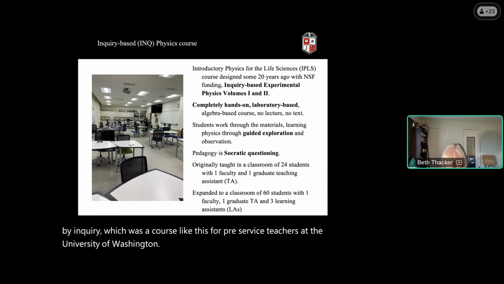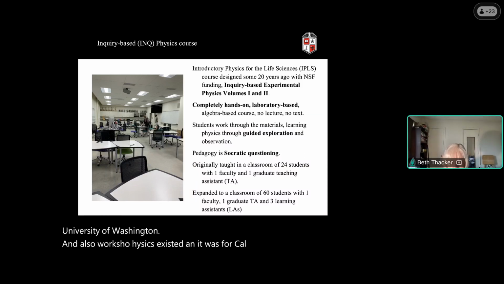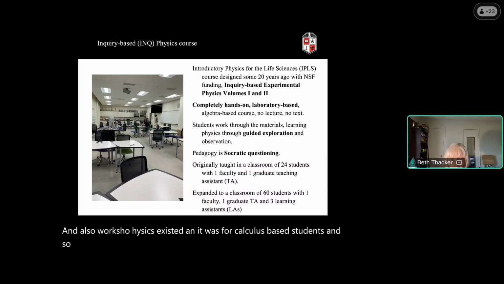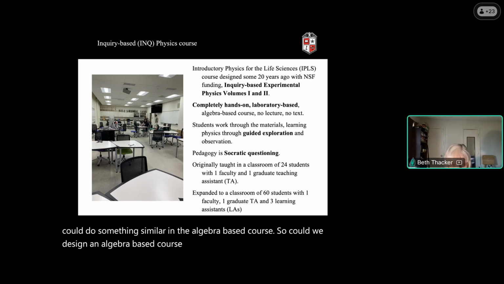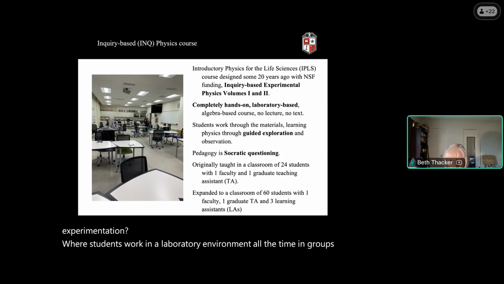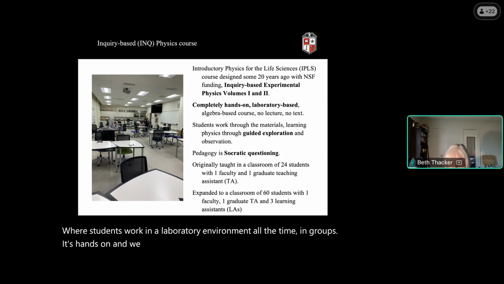And also Workshop Physics existed, and it was for calculus-based students. Part of the reason for the development of this course was to see if we could do something similar in the algebra-based course. So could we design an algebra-based course that was taught without a text, based on experimentation, where students work in a laboratory environment all the time in groups, it's hands-on, and we wanted to do it for the algebra-based course.